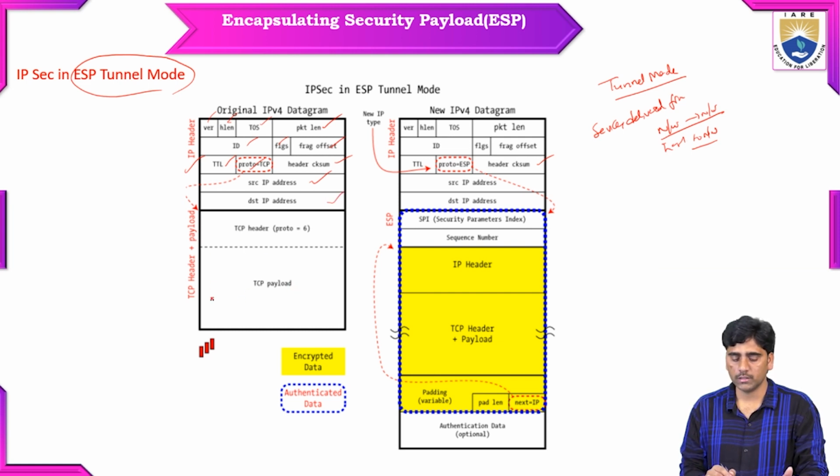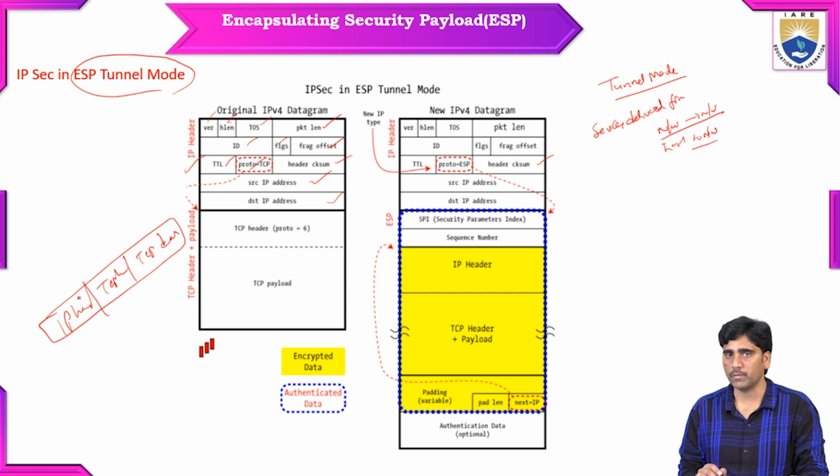And here the TCP header plus payload. So this is the IPv4 datagram format, the IP header, TCP header and TCP data. Here there is no ESP and no ESP tunnel mode.